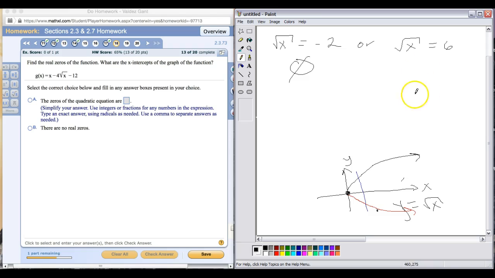Now for here, this would make sense, because now, let me go ahead and clean this graph up some, make it look the way it's supposed to.